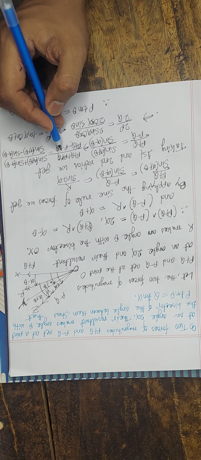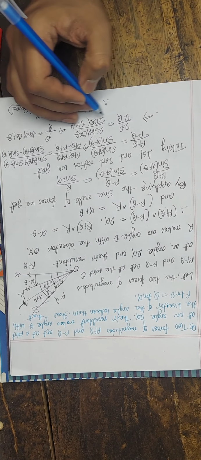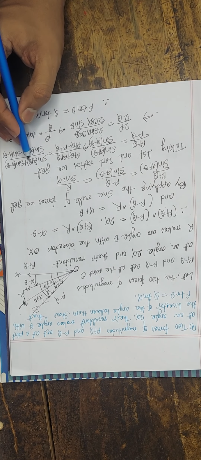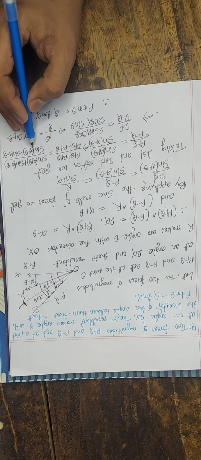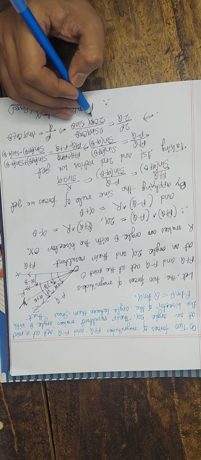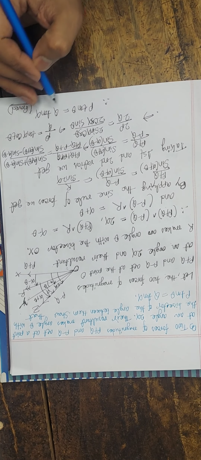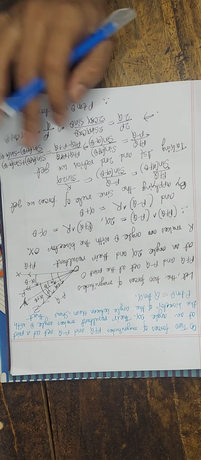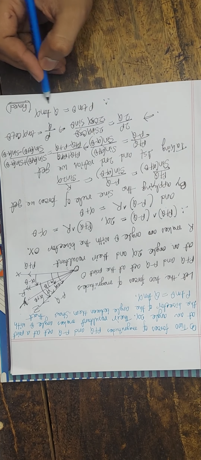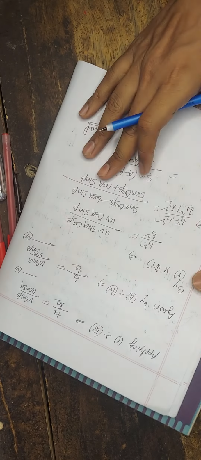If we apply componendo and dividendo, we get P by Q is equal to 2 sine alpha cos theta (sine A plus sine B), over 2 cos alpha sine theta (sine A minus sine B). So P by Q is equal to tan alpha cot theta. Then we get P tan theta is equal to Q tan alpha. This is the required proof we need to show in our problems.